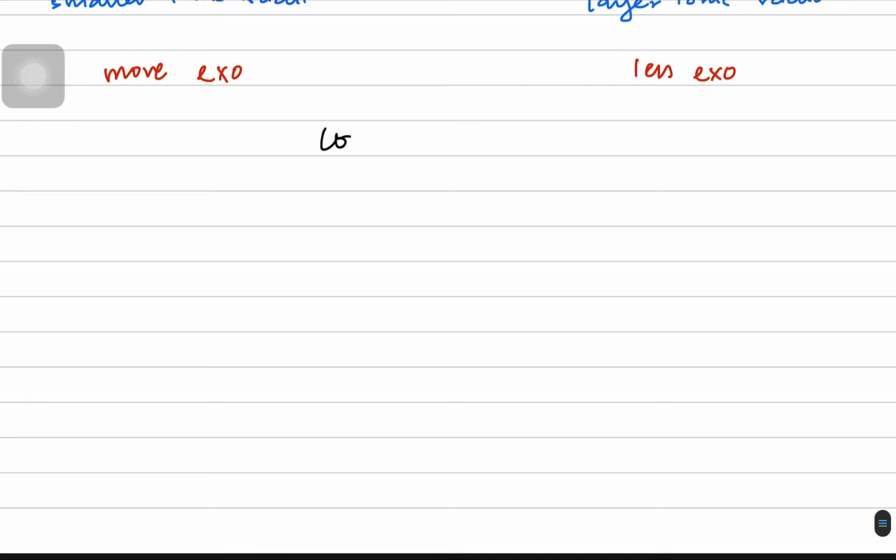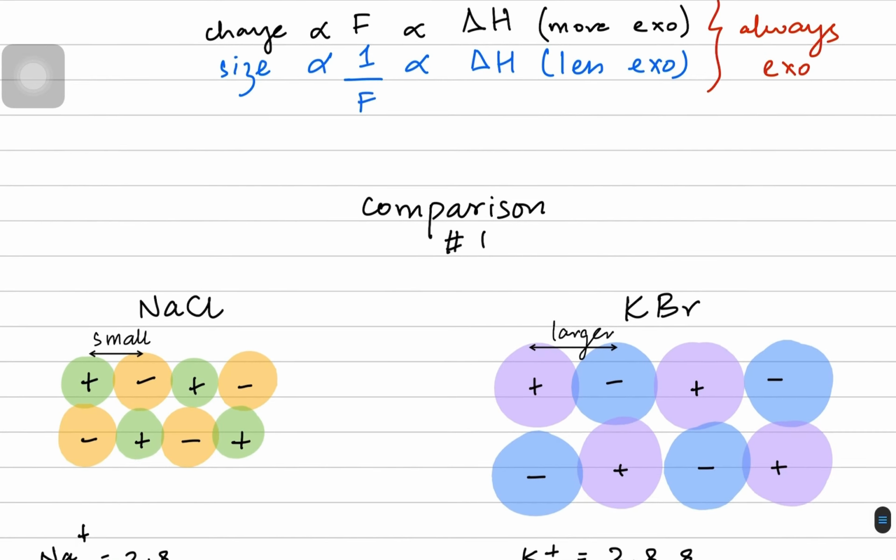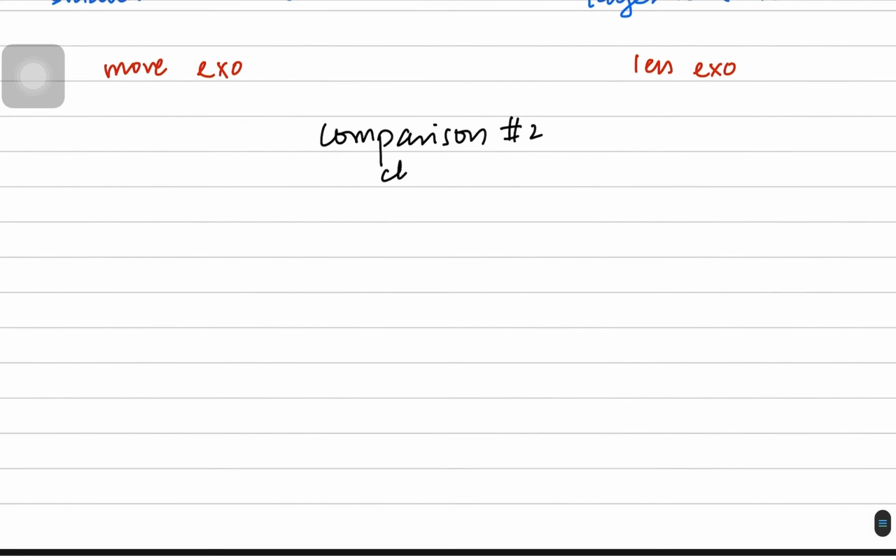Now let's create another comparison. Let's call it comparison number 2. The first one was between the sizes, so comparison 1 was size. Now in comparison 2, we'll talk about charge. Imagine sodium chloride and magnesium oxide, or it would be better if we say sodium fluoride and magnesium oxide.